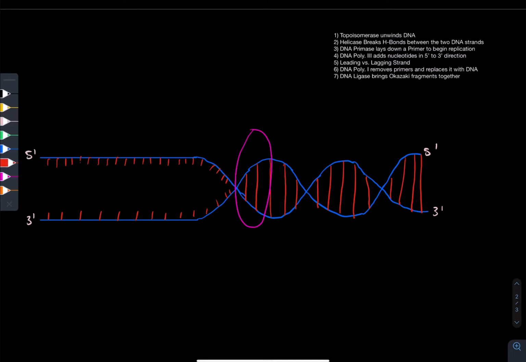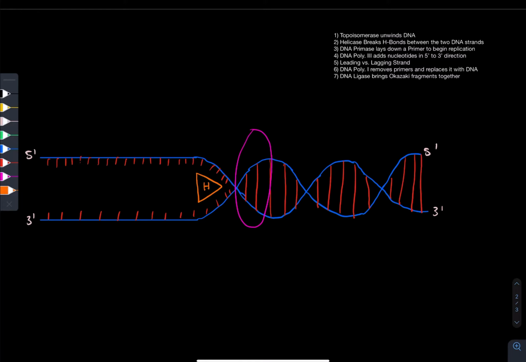And the next thing that is going to come in is we're going to have our helicase. And the way I like to think about helicase is that it's going to come in and break the hydrogen bonds between the two DNA strands.